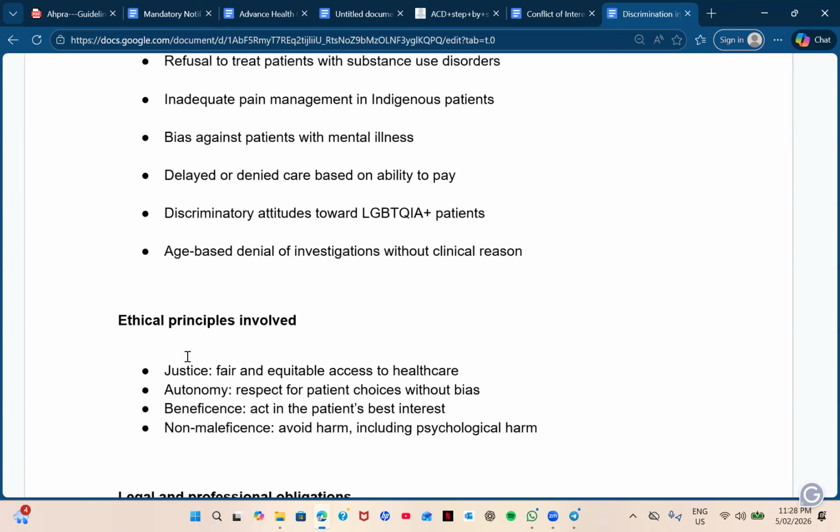We have to follow the ethics, right? We have to be just, right? We have to respect the patient's autonomy, right? So what is beneficence? Act in the patient's best interest, okay? Non-maleficence means avoid harm, including psychological harm, right? Because in discrimination they are causing psychological harm.